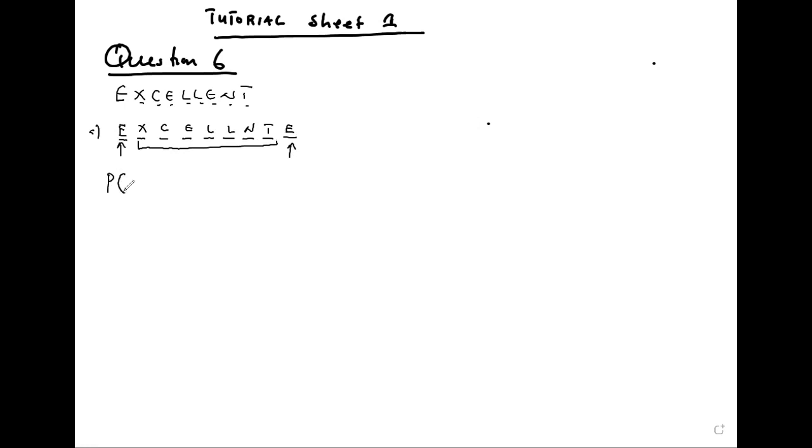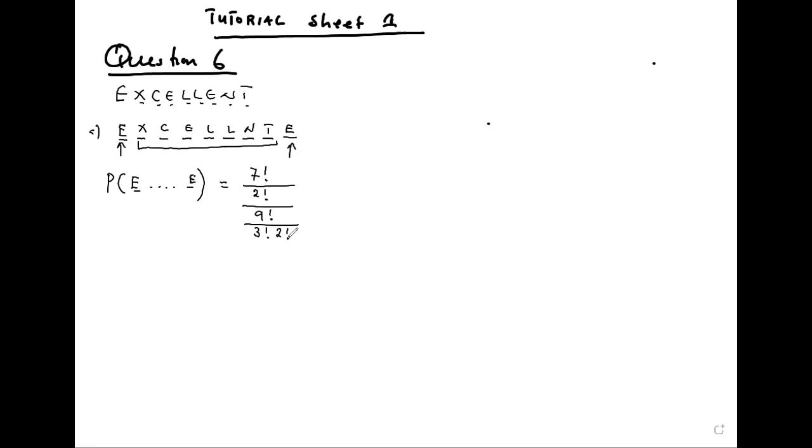The probability that E appears at the beginning and another E at the end is 7 factorial over 2 factorial, since L appears twice in the 7, divided by the overall arrangements, which is 9 factorial over 3 factorial for E, appearing 3 times, and 2 factorial for L.